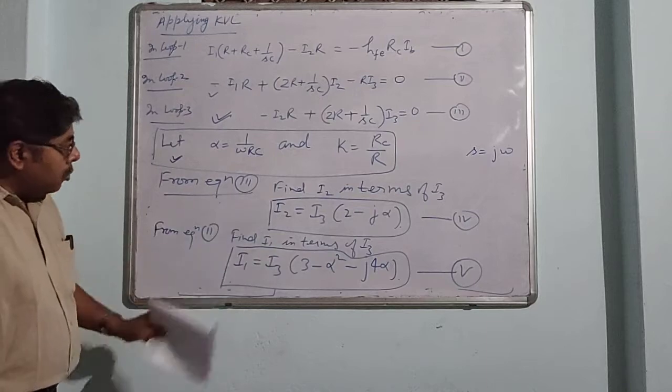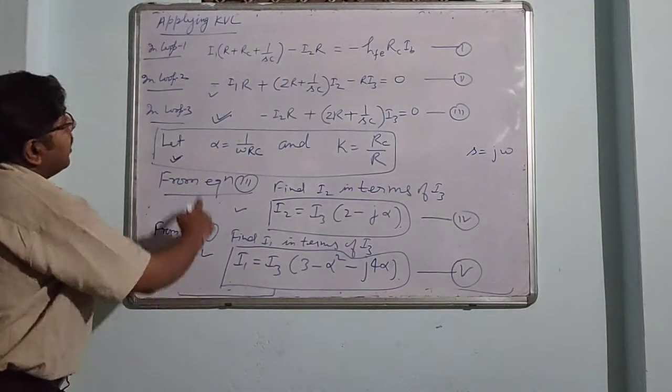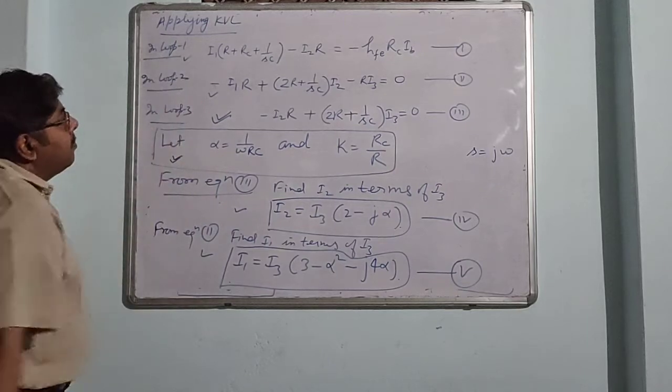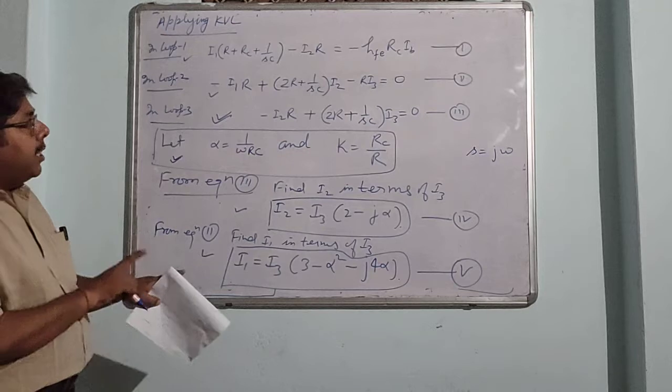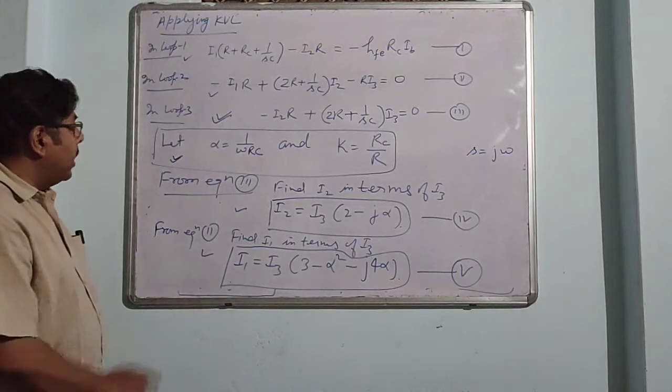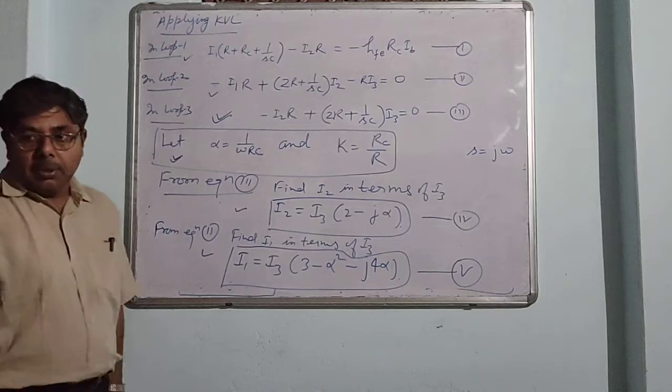Now replace these two values, the values of I2 and I1, in equation 1. You will get a relation between I3 and IB, and from there we can calculate the ratio of I3 and IB.